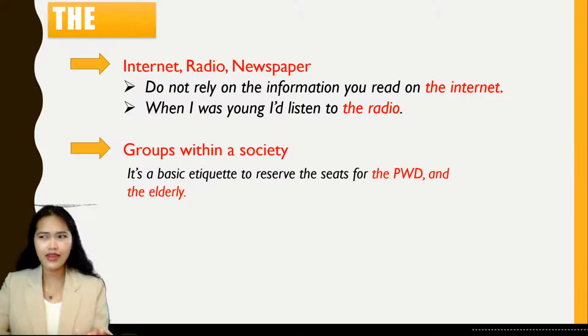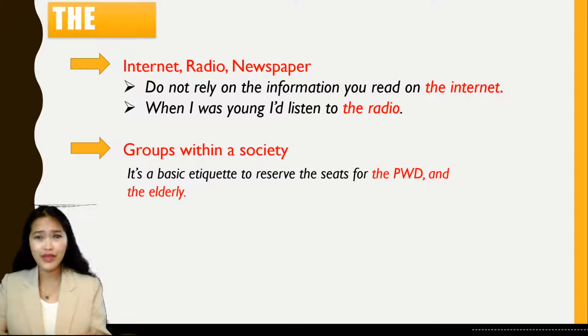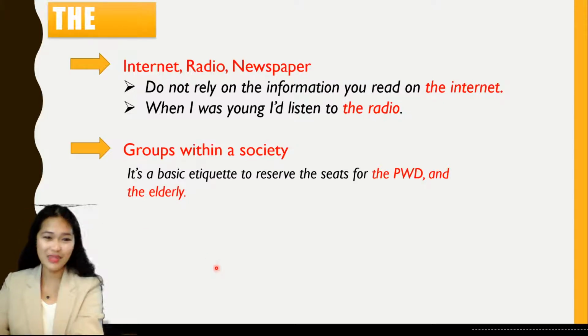I thought maybe PWD means pregnant women and disabled, because the sign has a pregnant woman.